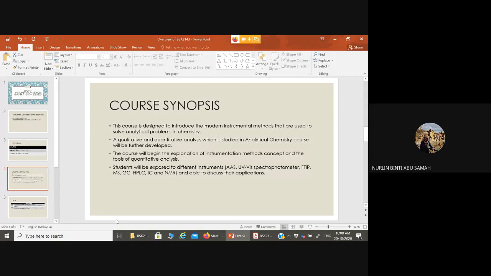Because we have different kinds of problems to analyze. If you want to detect your analyte, for example heavy metals, you need to choose the right instrument to analyze your sample. That is one thing you should know, in order to investigate your sample.